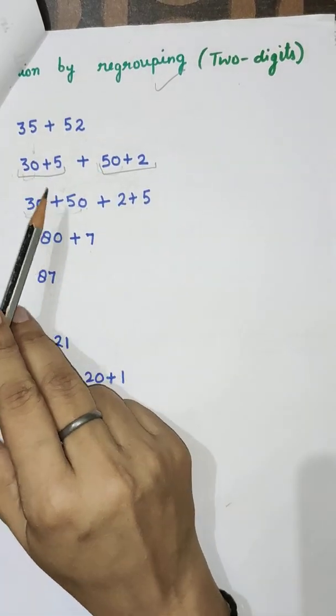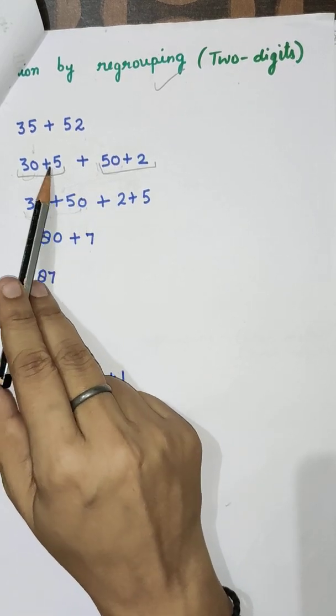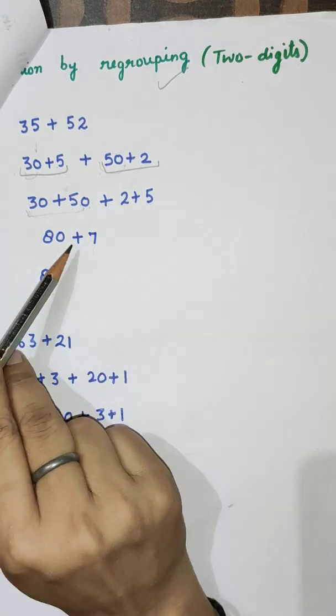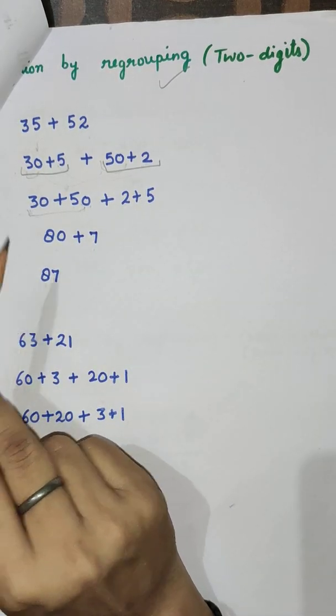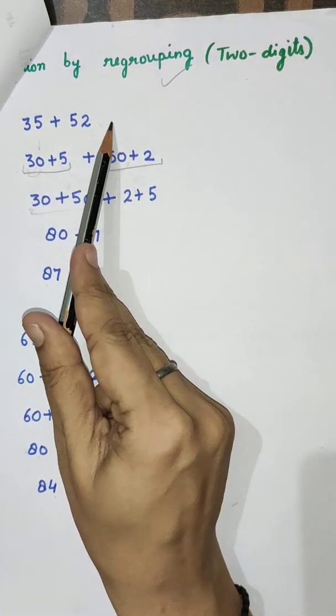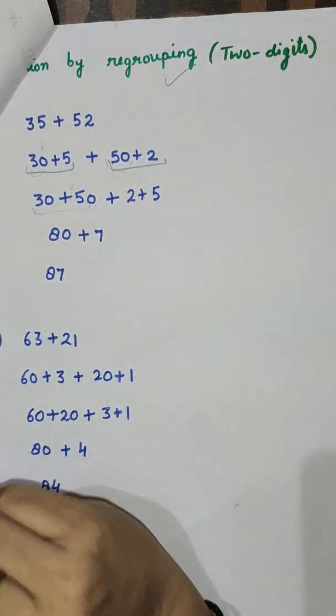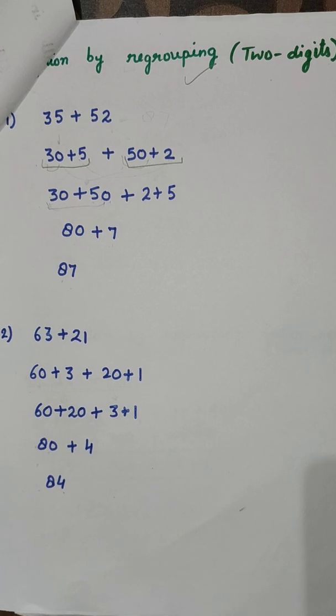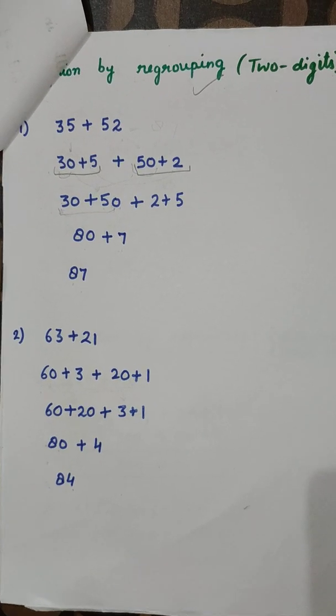So here is 30, here is 50, plus 5 plus 2. 30 plus 50 is 80, 5 plus 2 is 7, so the answer is 87. And if you add it directly, you will also get the answer 87. And word problems related to addition and subtraction will also come, so you have to prepare them as well.